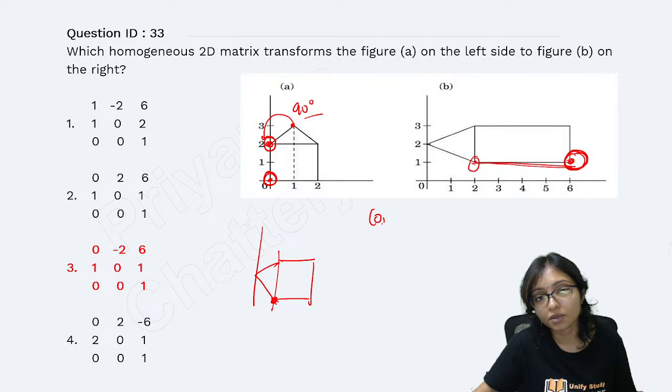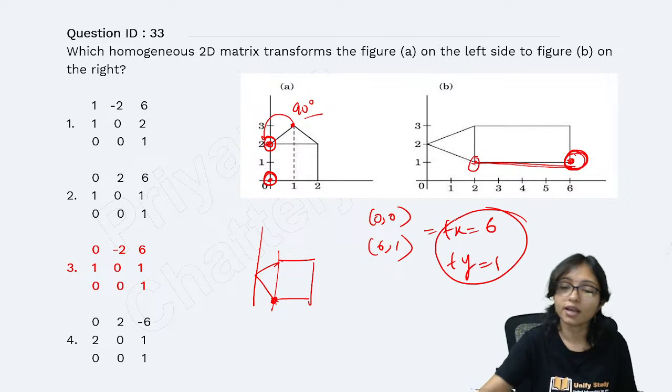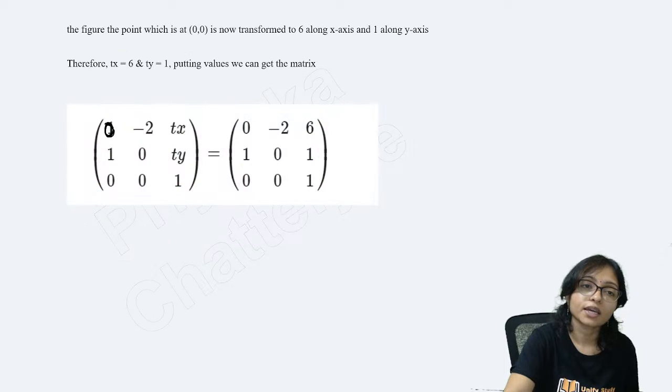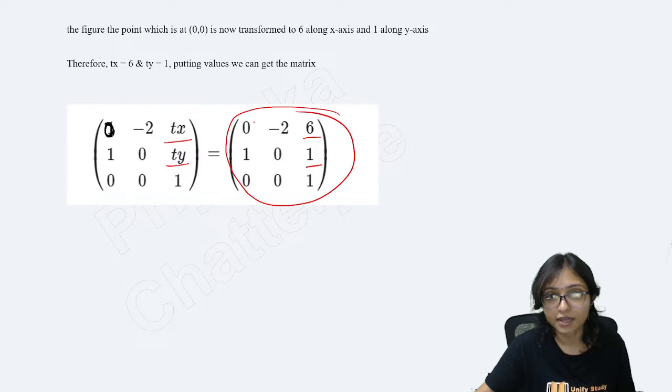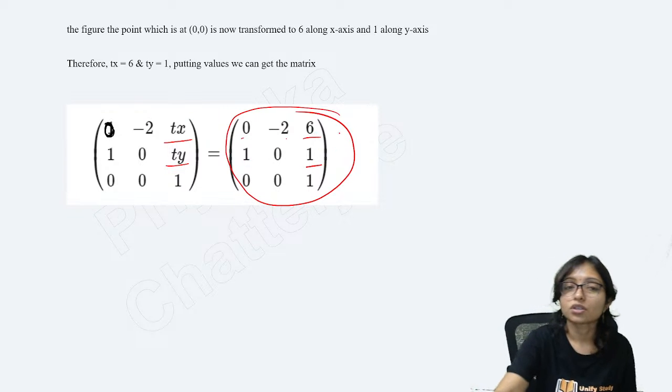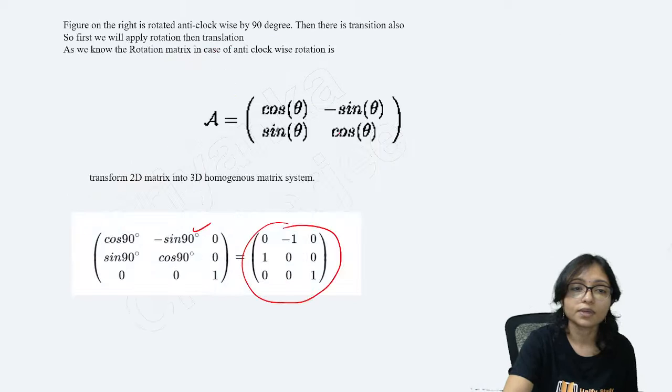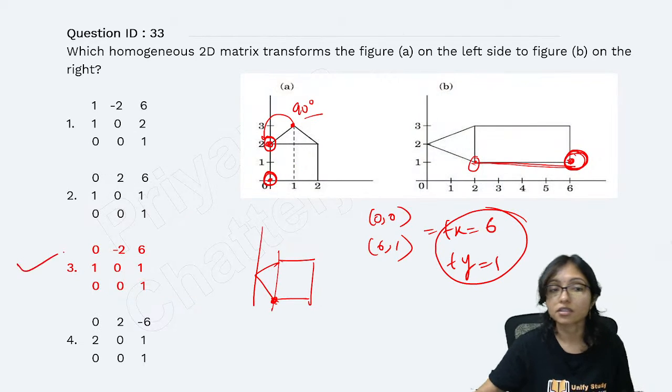Previously it was at 0 0, now it is at 6 1. So tx value will be 6, and ty value will be 1. Now I can put tx as 6 and ty as 1. After putting this I finally get this matrix, 0 minus 2 6, and this is the matrix. So the final answer will be this one.